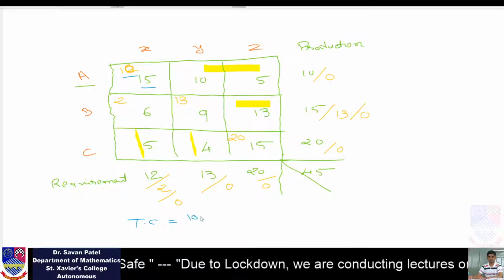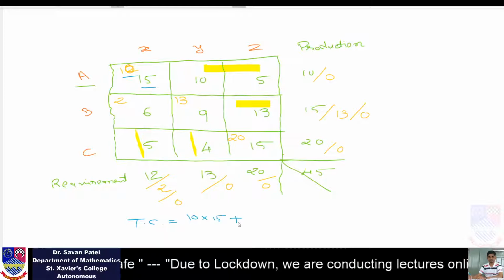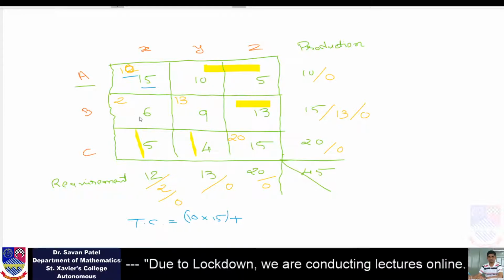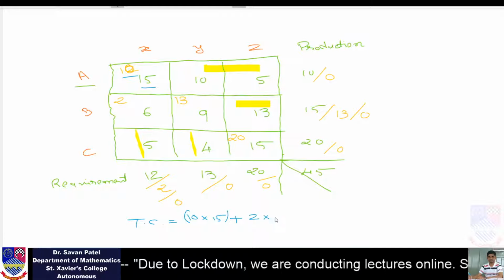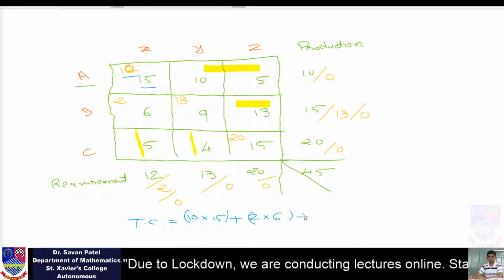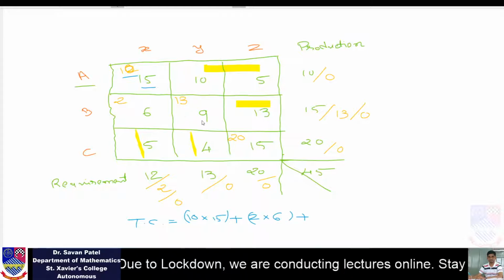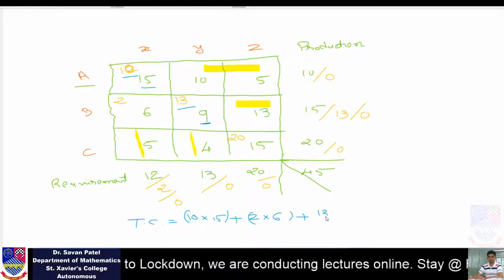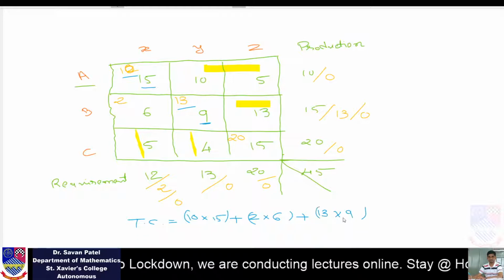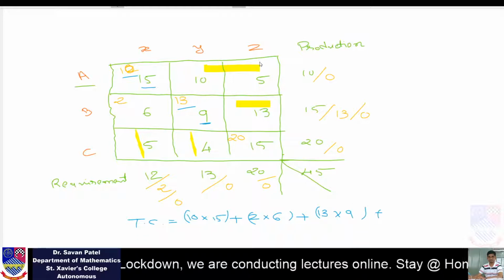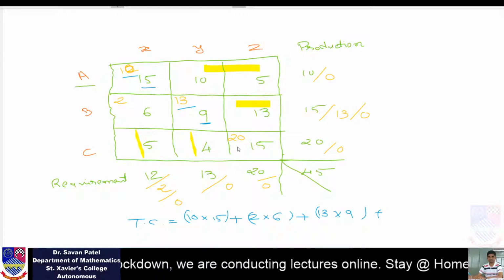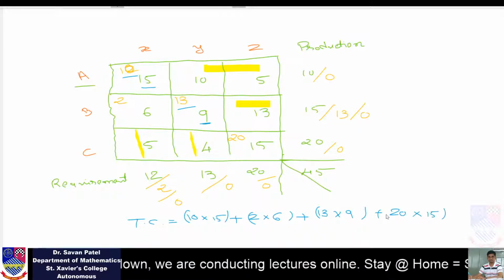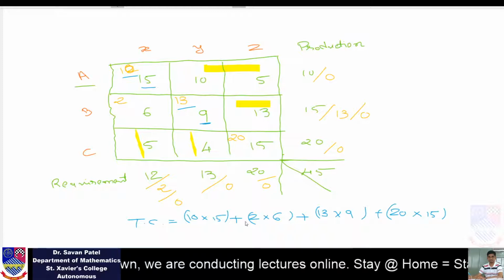So we have 10 times 15, plus here we are transporting 2 units, and the transportation cost is 6, so 2 times 6, plus from B to Y the cost is 9, and we are transporting 13 units, so 13 times 9, plus from C to Z we are transporting 20 units, so 20 times 15. This is our total transportation cost.